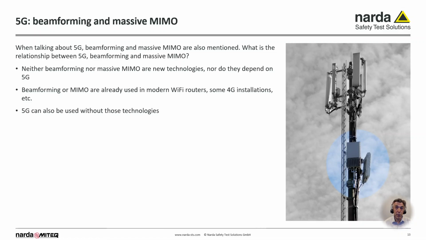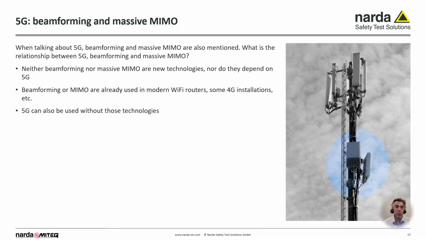Today we have 128, 256 antenna elements inside of an antenna, and they can be used for doing so-called beamforming. So that means the mobile phone antenna is not transmitting anymore for 120 degrees, but it can have a much more narrow angle. And with 6G, they will become even more narrow.